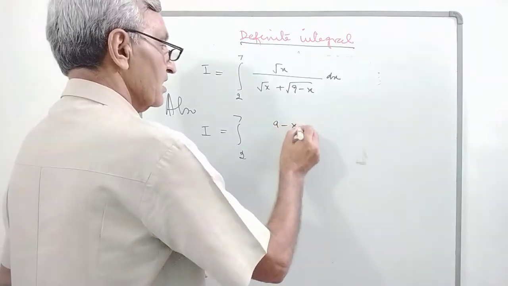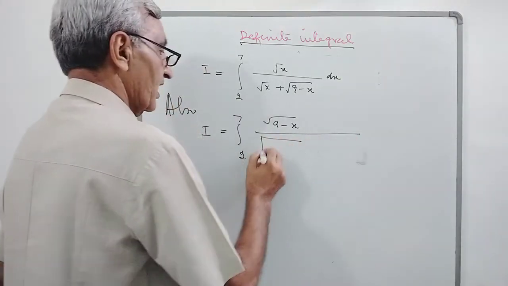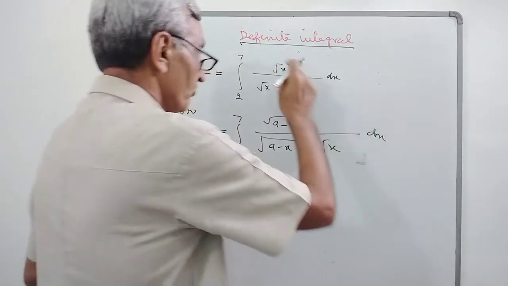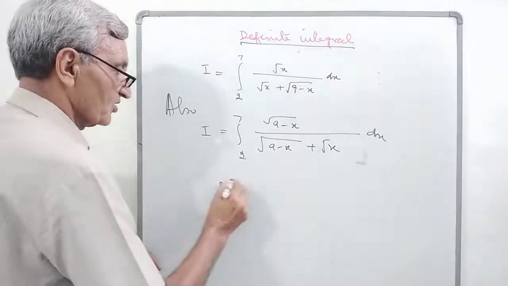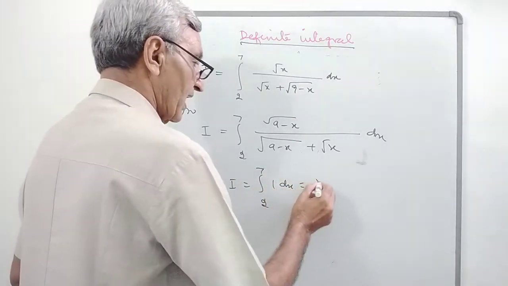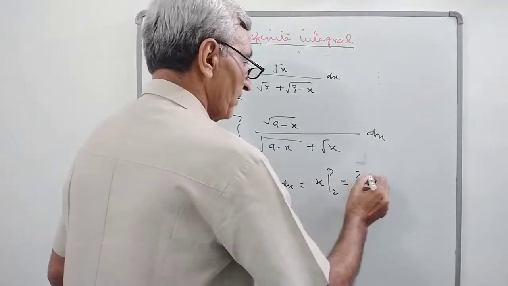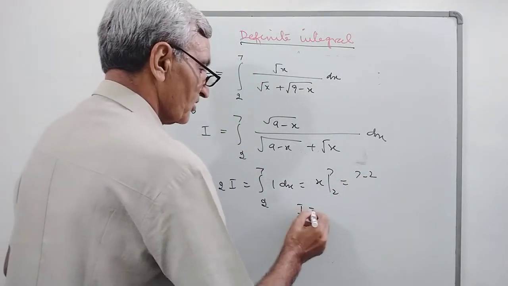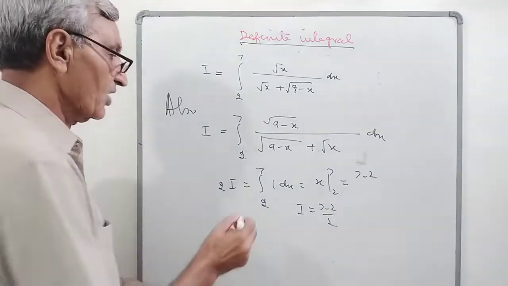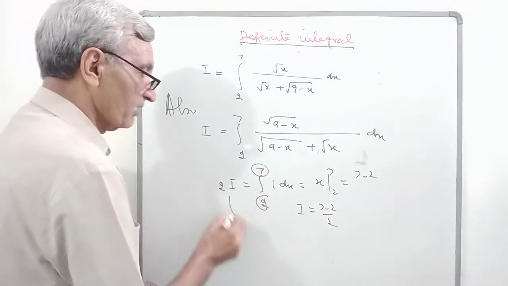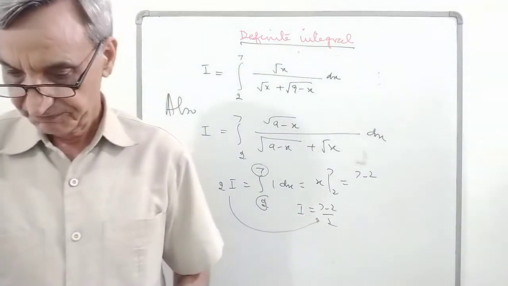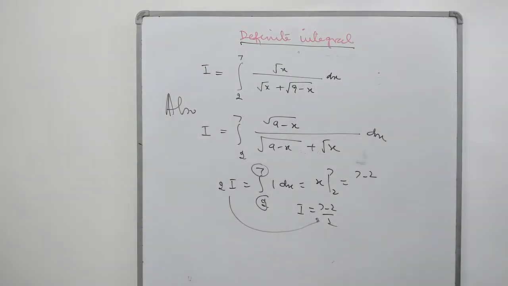So the under root of 9 minus x divided by the under root of 9 minus x plus the under root of x. This is the same. If we add all this, 2I is equal to the integral from 2 to 7 of 1, and this is equal to x from 2 to 7, which is 7 minus 2. Therefore, I is equal to 7 minus 2 divided by 2. What did I get as the answer? The difference of them divided by 2.